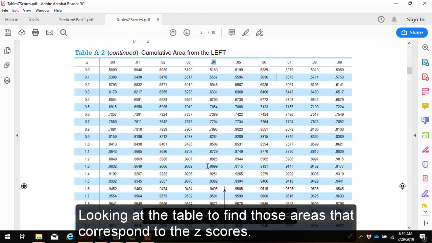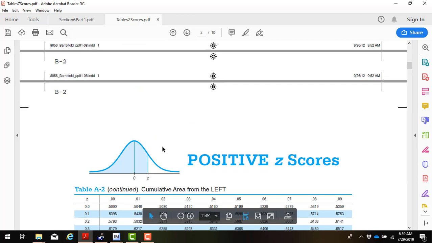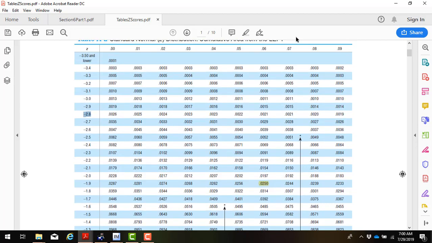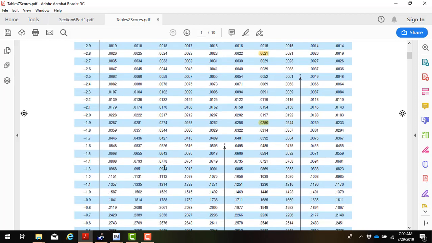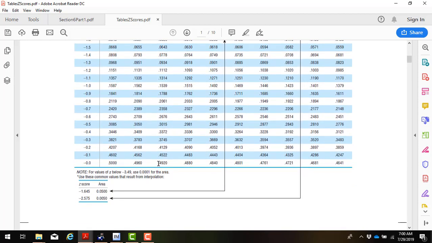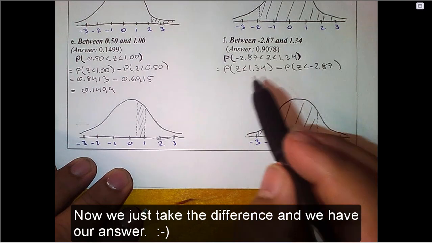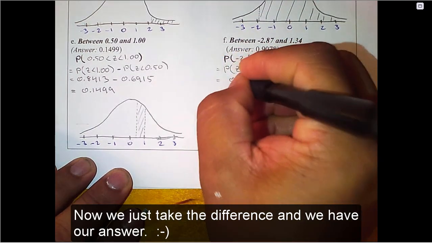Looking at the table to find those areas that correspond to the z-scores, now we just take the difference and we have our answer.